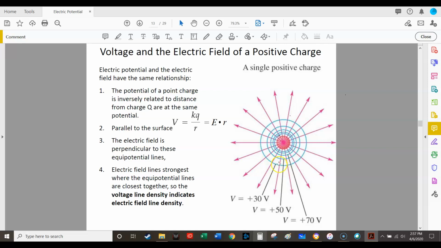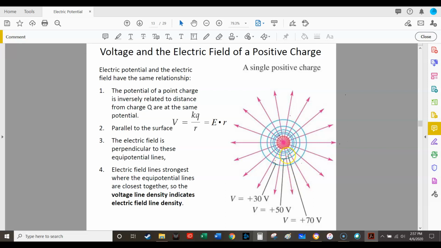Well, here, this is 30 volts right here, and over here, this is 30 volts right there. And right over here, it looks like we have 50 volts. So what does that say? That says that this is 50 volts, this is 30 volts. That means there's a 20 volt difference between these two lines.